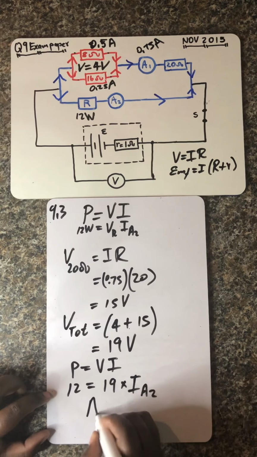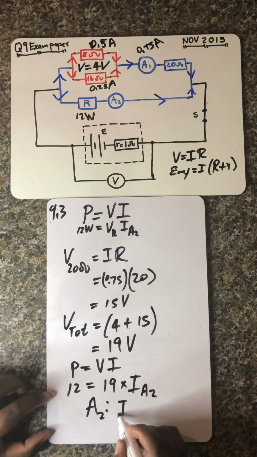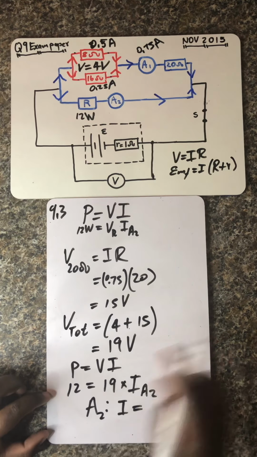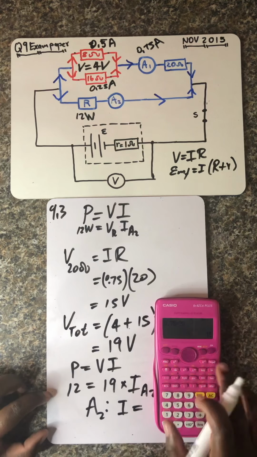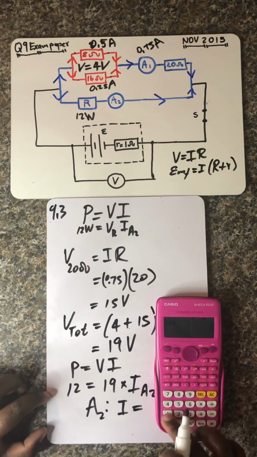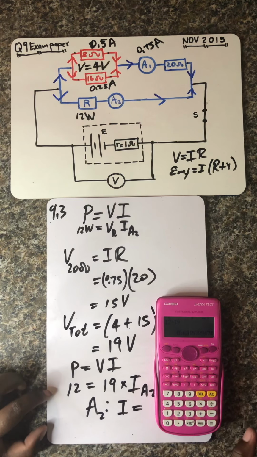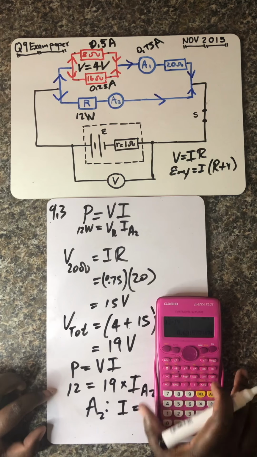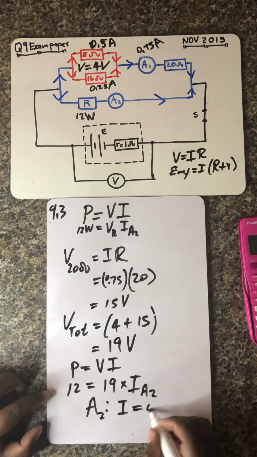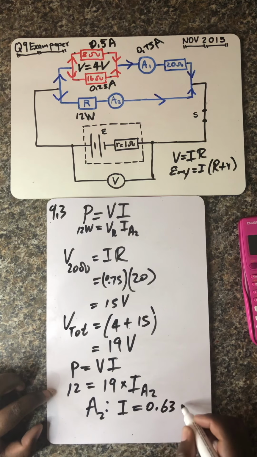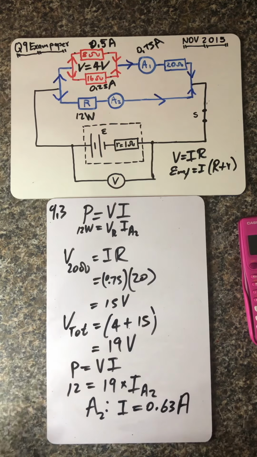So that means the reading on ammeter 2, which is I, is equal to 12 divided by 19. 12 divided by 19 is equal to 0.63. I'm sure you also get the same answer when you punch it on a calculator: 0.63 amperes. So this is the reading on ammeter 2.